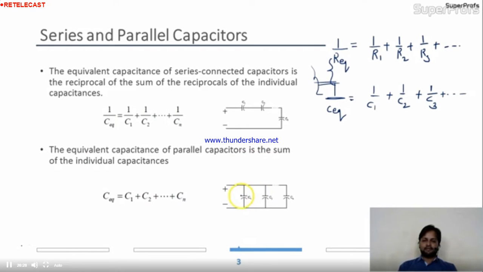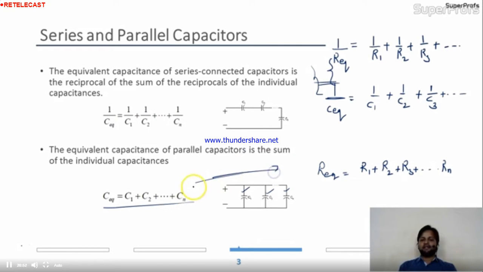If those capacitors are connected in parallel, the equivalent capacitance is given by C1 plus C2 plus C3 plus Cn. As we have seen, the R equivalent is nothing but R1 plus R2 plus R3 and so on. But here the same thing is given for the parallel connected capacitors, right? So again you can correlate these two terms and remember this formula very easily.